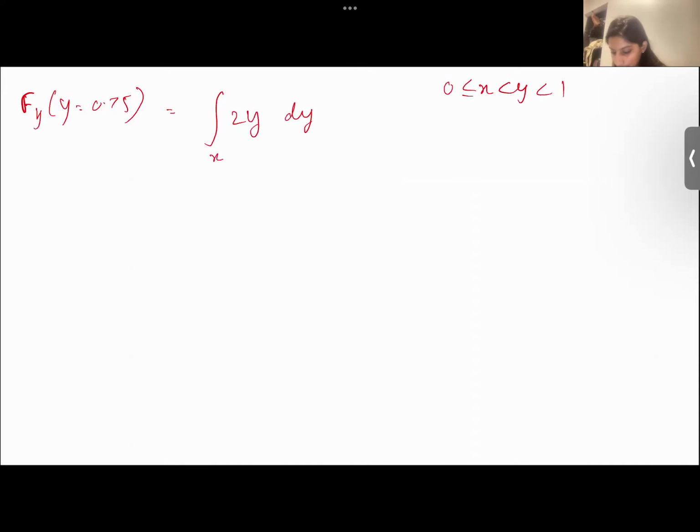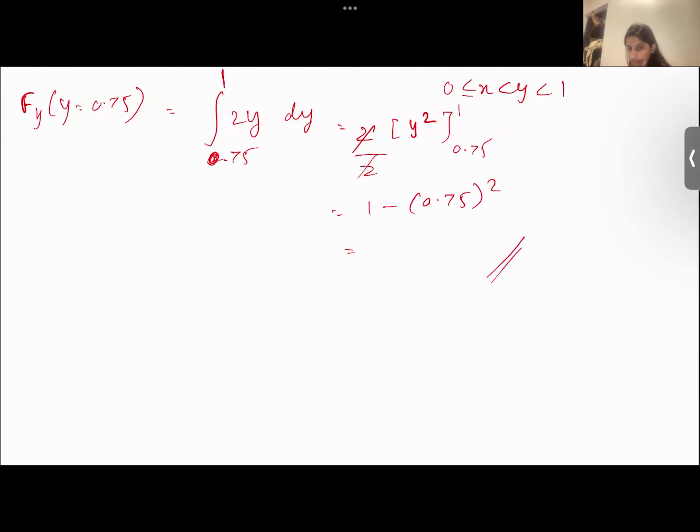It could take x to 1. But here y could just be 0.75, so this lower limit would be 0.75 here. This will be 1. Now 2 is a constant. And if you integrate y, what will you get? y squared by 2, from 0.75 to 1. So 1 squared minus 0.75 the whole squared. So if you just solve this, you'll get the answer.